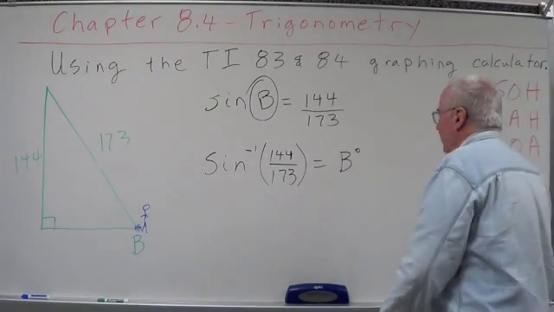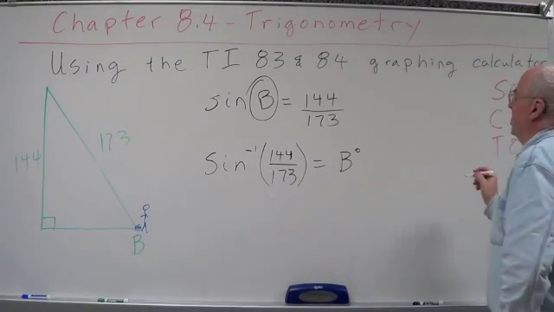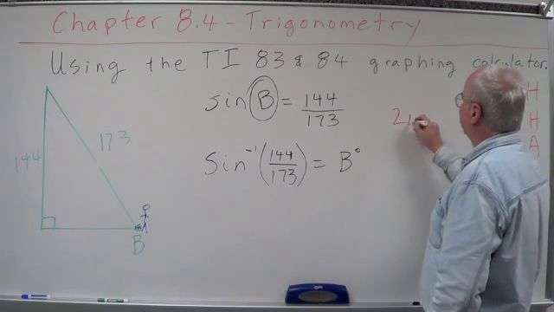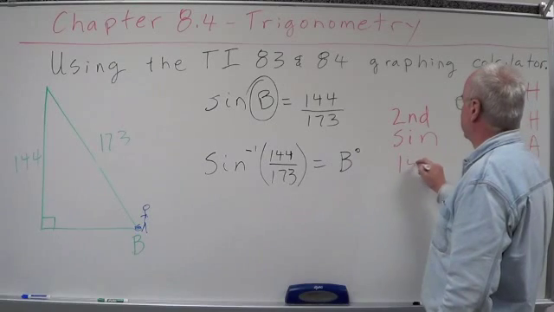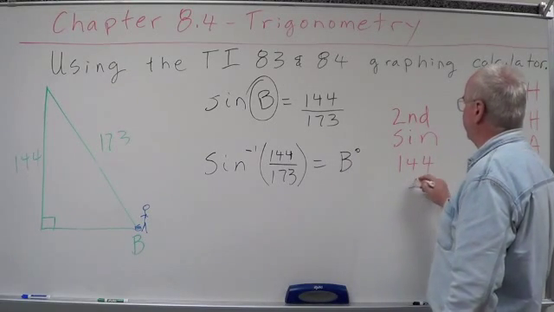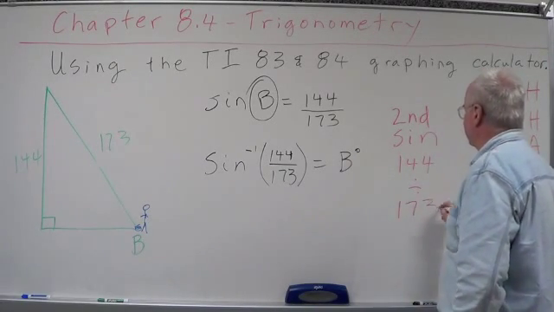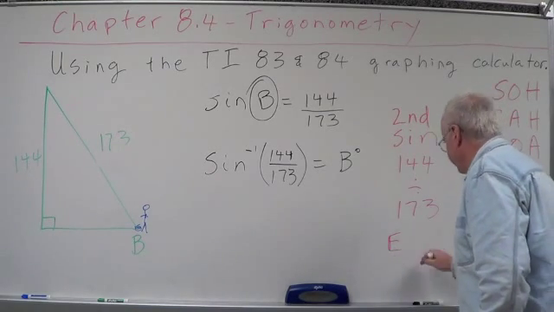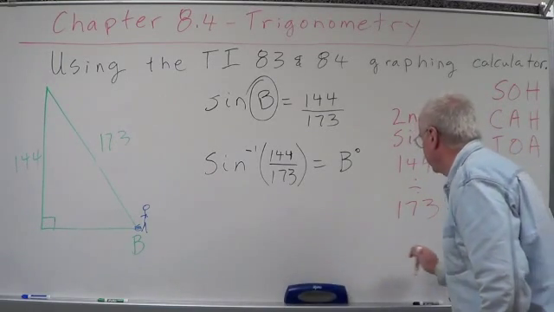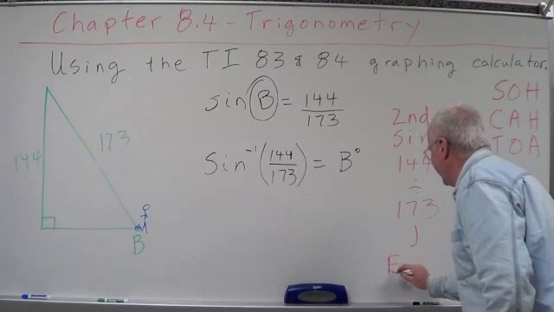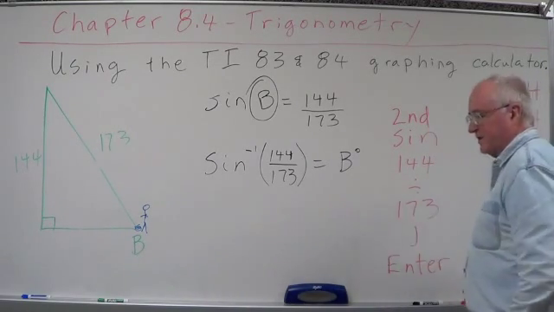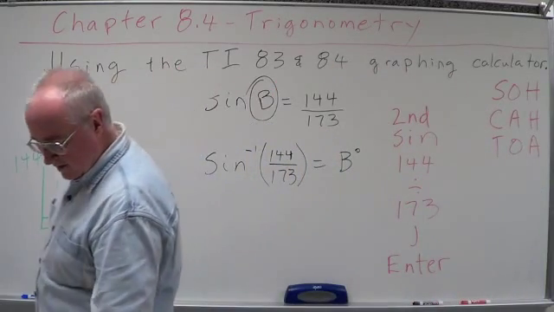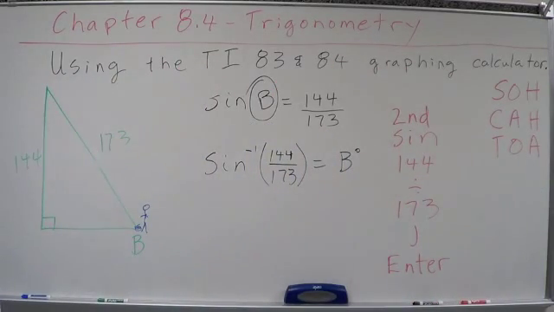Okay? So what we do is we come in here and we go second, sine, 144 divided by 173. Whoops, sorry. Close parenthesis and enter. Alright, let me let you look at that real quick. Close parenthesis and enter.